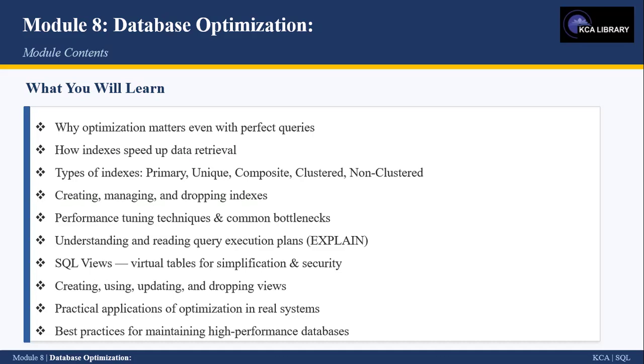You will learn how to read and understand query execution plans using EXPLAIN, what SQL views are, and how to create, use, update, and drop them. We will look into practical applications of optimization in real systems and best practices for maintaining high-performance databases.